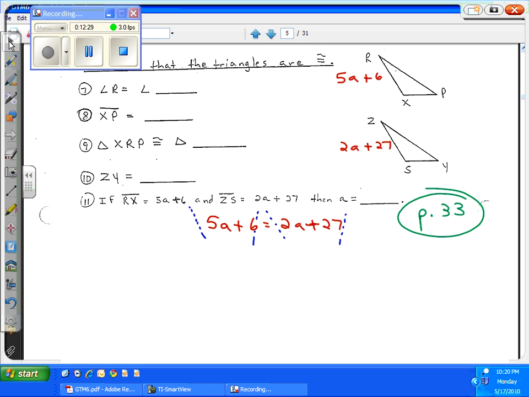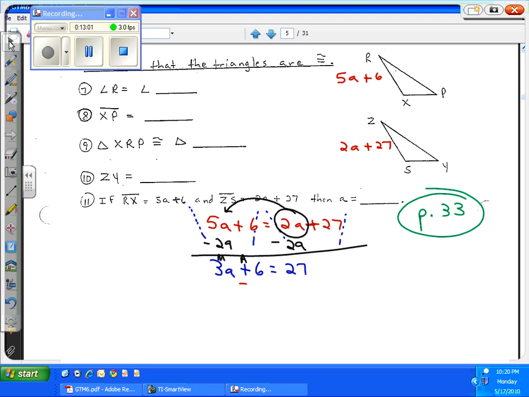In the order, please excuse my dear Aunt Sally, looking for distributive and combining like terms, and there's nothing we can do to simplify. So we move to the bottom of the horseshoe, which says get the variable on one side of the equal sign, remembering to change the sign when you cross over. So we do that. We get 3a plus 6 is equal to 27. There's nothing else we can do to simplify.